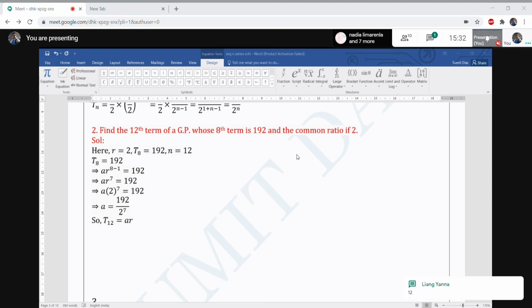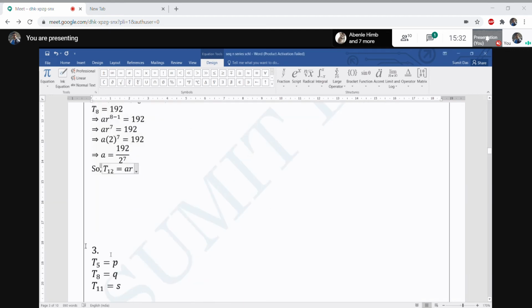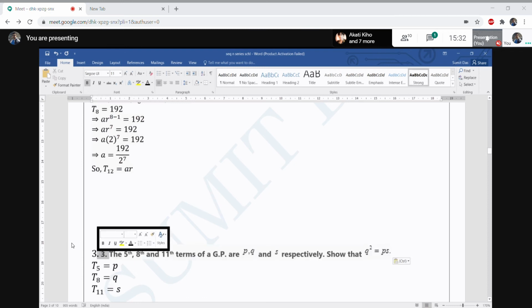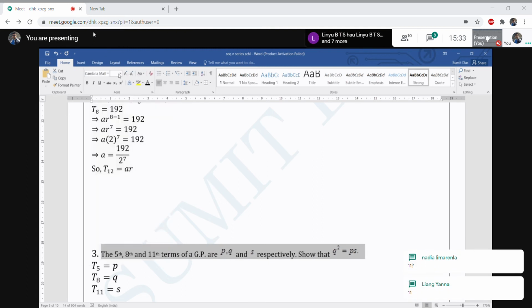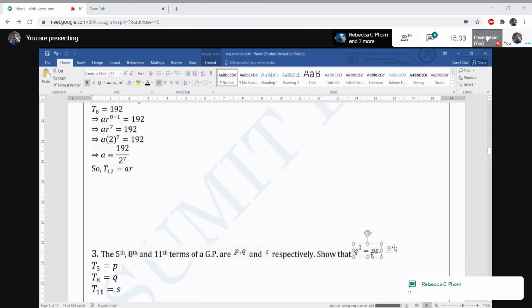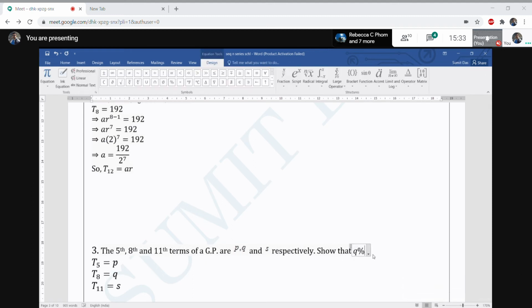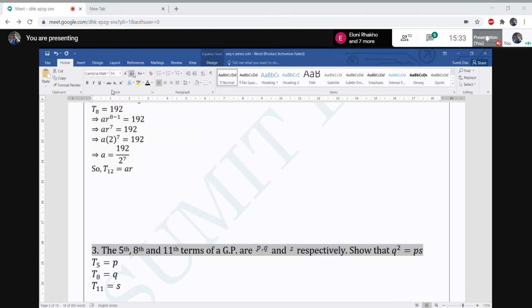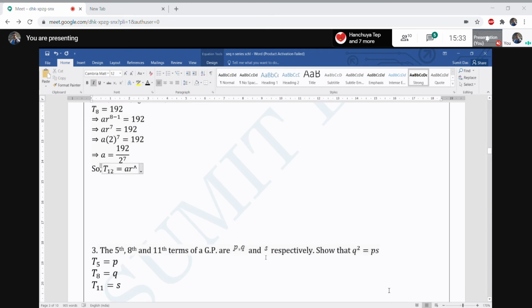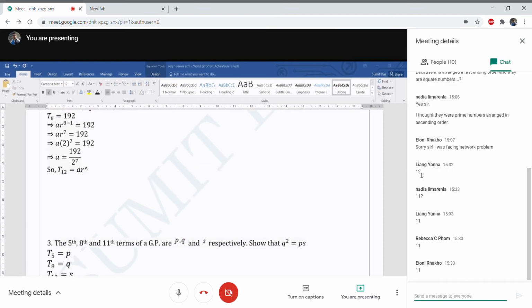Yeah, 11. Here the power of r will be 11.